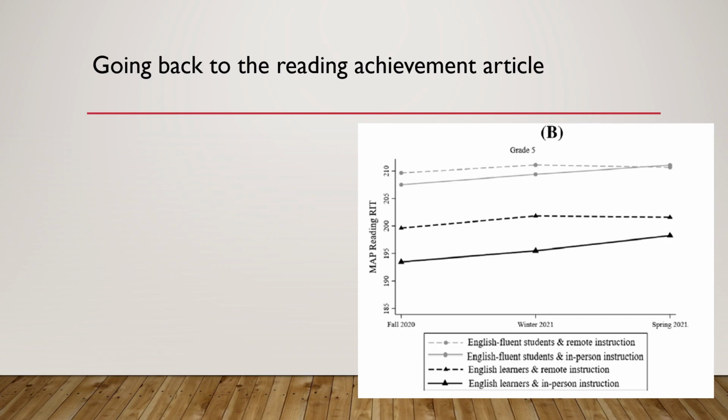If we go back to that reading achievement article, right here we can see the cross because the solid line ends up going above the dotted line for the spring 2021 scores. There's also likely a less strong but still potential interaction for these two, but because there is different behavior going on, we can't really say for sure if the interaction is happening for the English learner students as much as we can see it for the English fluent students.